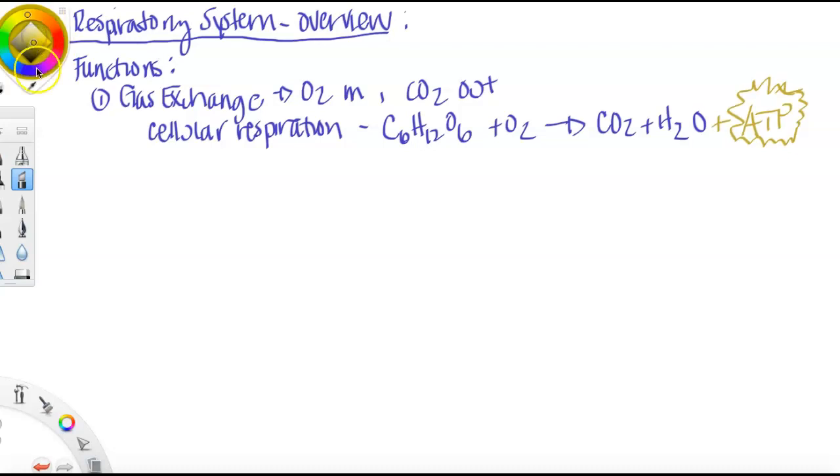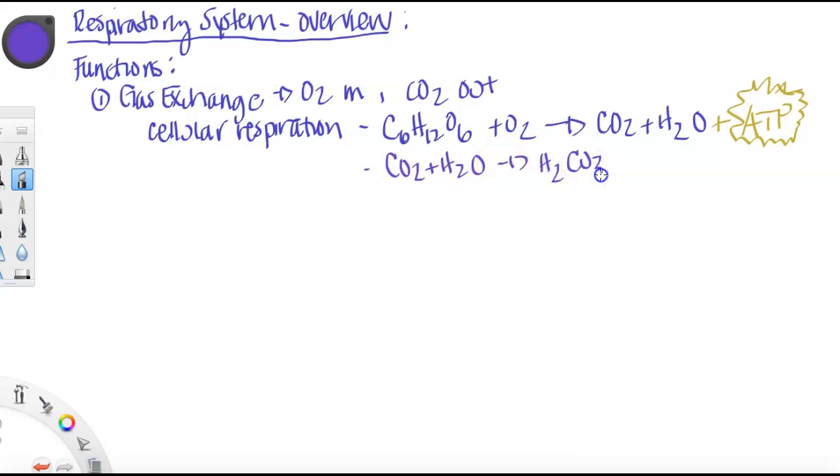In getting rid of the carbon dioxide, if you remember, this is a reminder here: CO2 plus water gives us carbonic acid, which breaks down to hydrogens and bicarbonate.